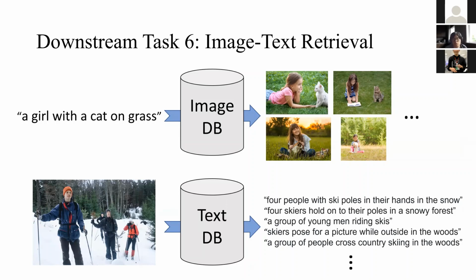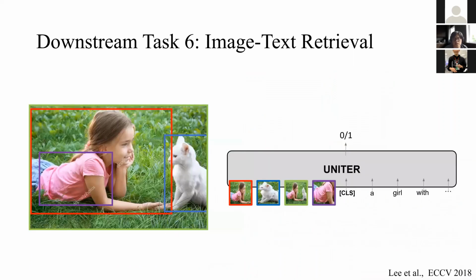Given an image, we search for the most relevant sentences from the text database. This adaptation is very straightforward and very similar to the image text matching pre-training introduced earlier.